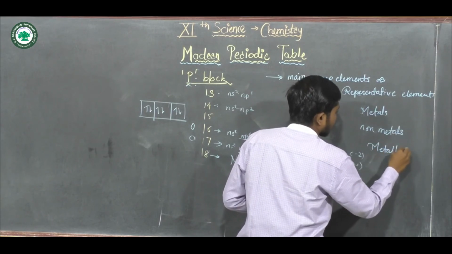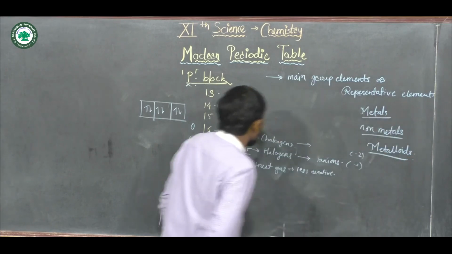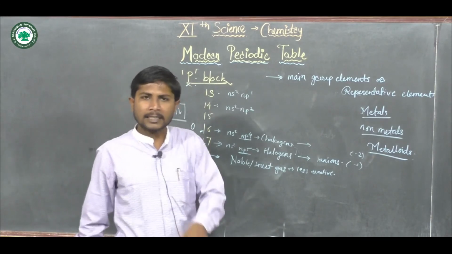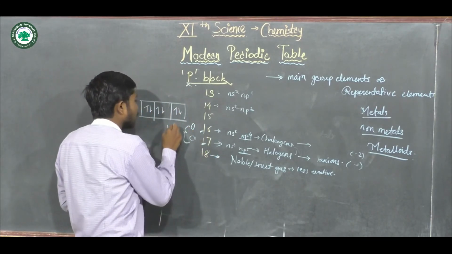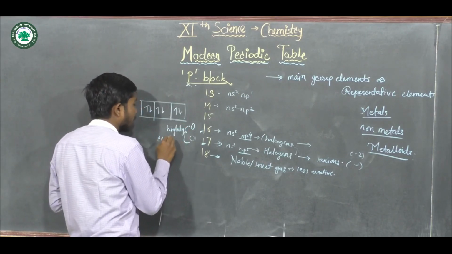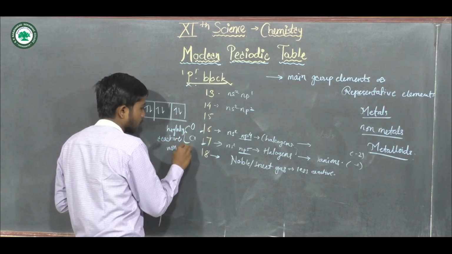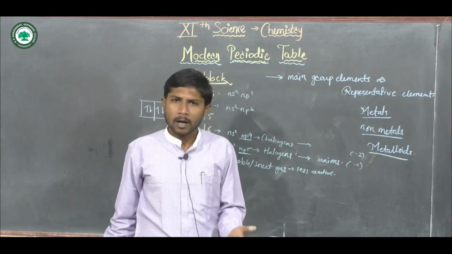Groups 16 and 17 are electron accepting, that's why they are highly reactive non-metals. And s-block elements are highly reactive metals.